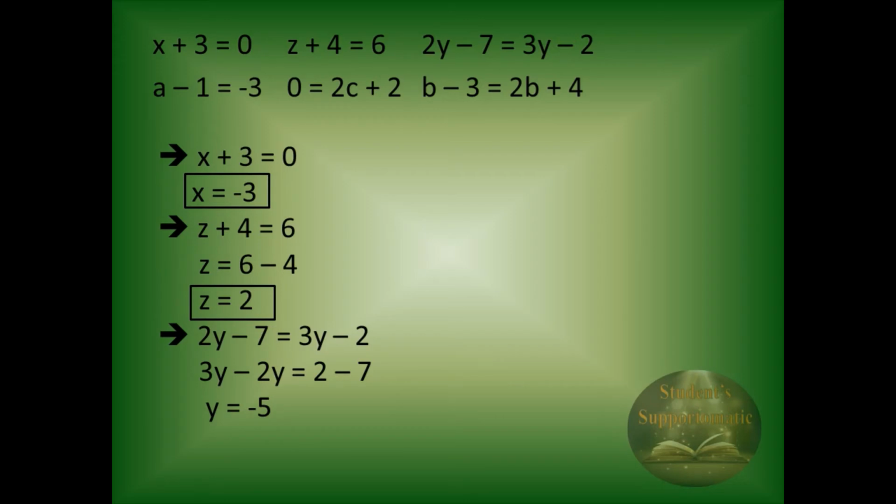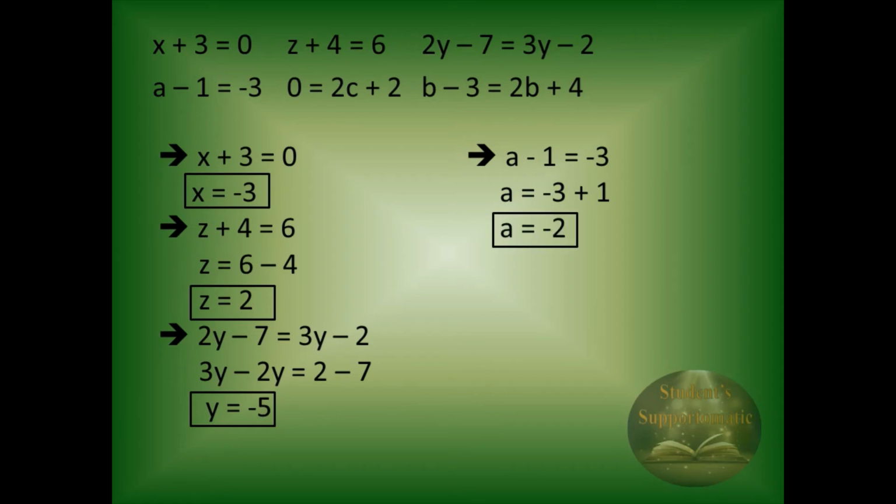Solving, 3y minus 2y is y, and 2 minus 7 is minus 5. So the y value is minus 5. Now the next equation, a minus 1 is equal to minus 3. Then a is equal to minus 3 plus 1, so we get a is equal to minus 2.